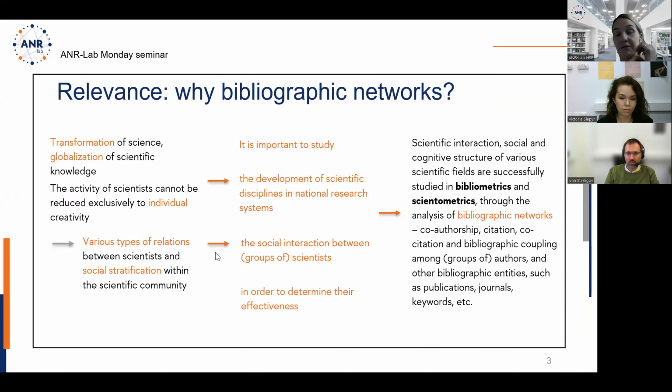Why do we talk about bibliographic networks in general? Of course, those of us who are from the lab know that we study bibliographic networks. But for some external listeners, it is important to say that this direction is one of the topics that we are developing in the laboratory, and it is connected to the sphere of sociology of science.